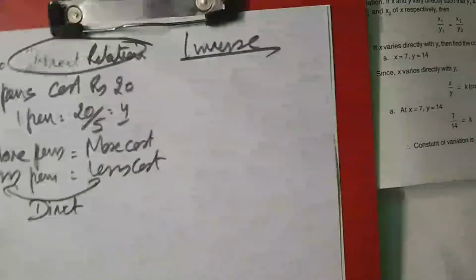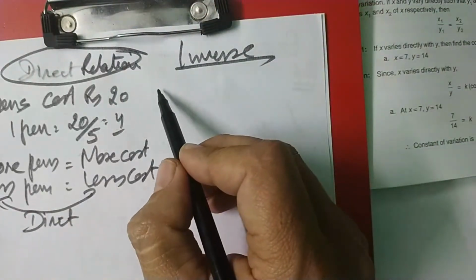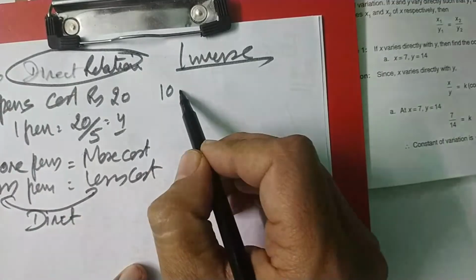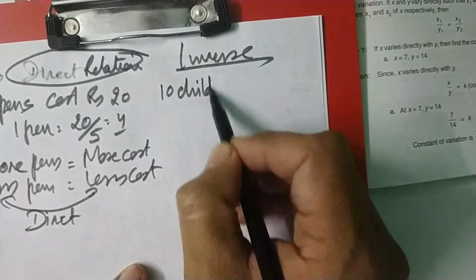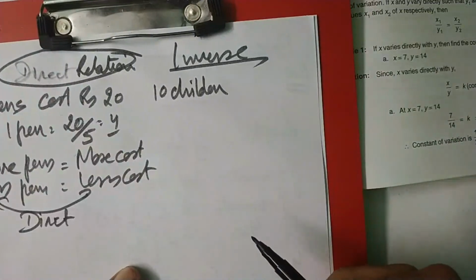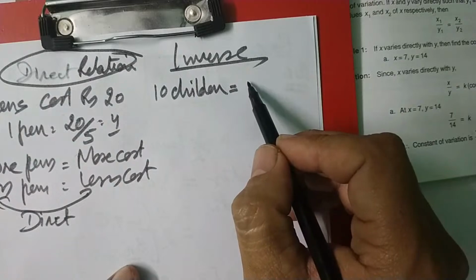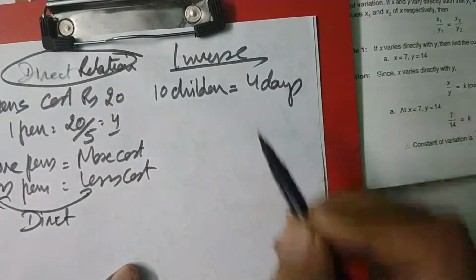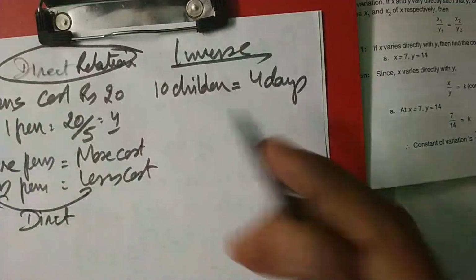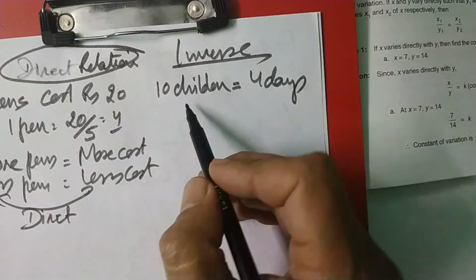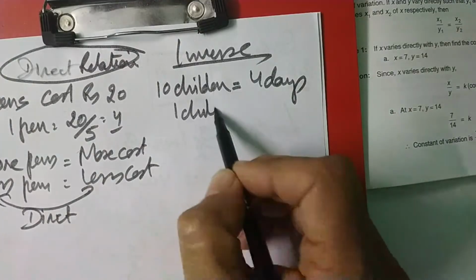Inverse will be like this: if there are 10 children and they are given some work, they finish the work in 4 days. If 10 children finish the work in 4 days, and the same work is given to one child, what do you think?